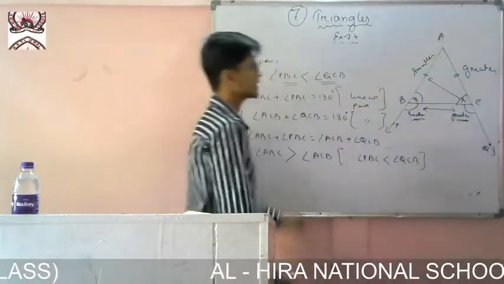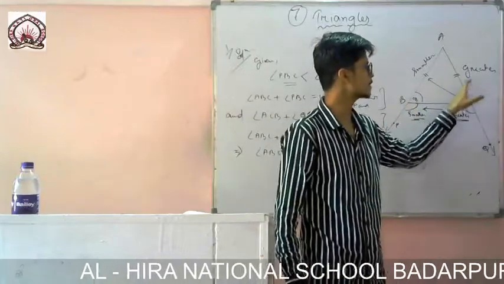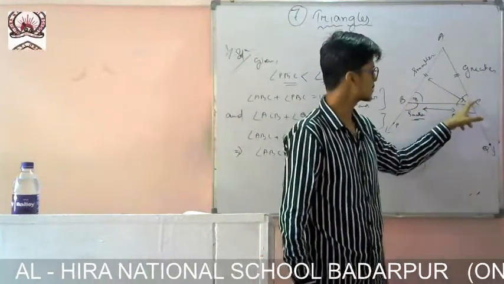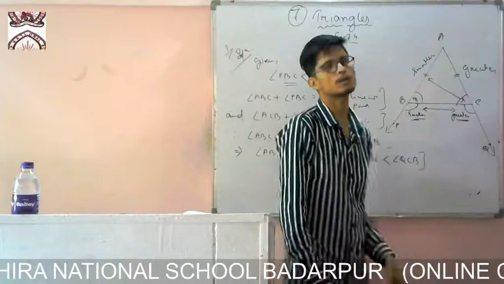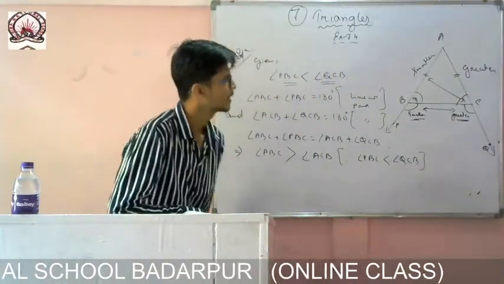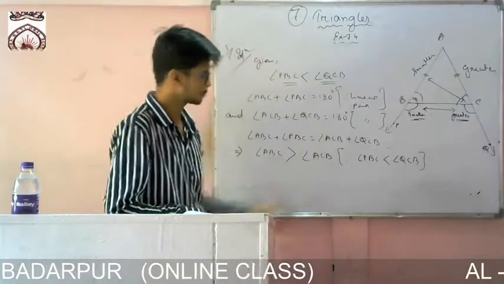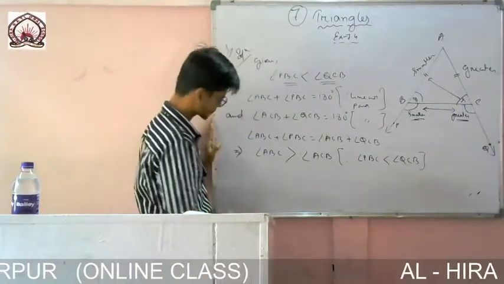Are you getting my word? This is the theorem. If this is a greater angle, the side opposite to it will be greater. If this is a smaller angle, the side opposite to it will also be smaller. The question is to prove that AC is greater than AB. So I can prove it. So you write.